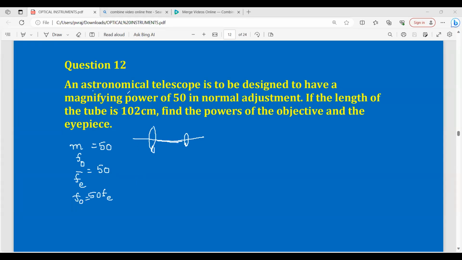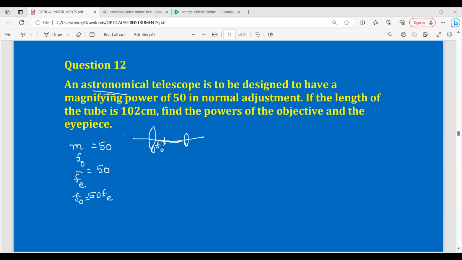In case of an astronomical telescope, we know that the object is at almost infinite distance. And for normal adjustment, here you can consider the image is also formed at infinite distance. If the object is at infinite distance, the image will be formed at the focal length of the objective lens only.